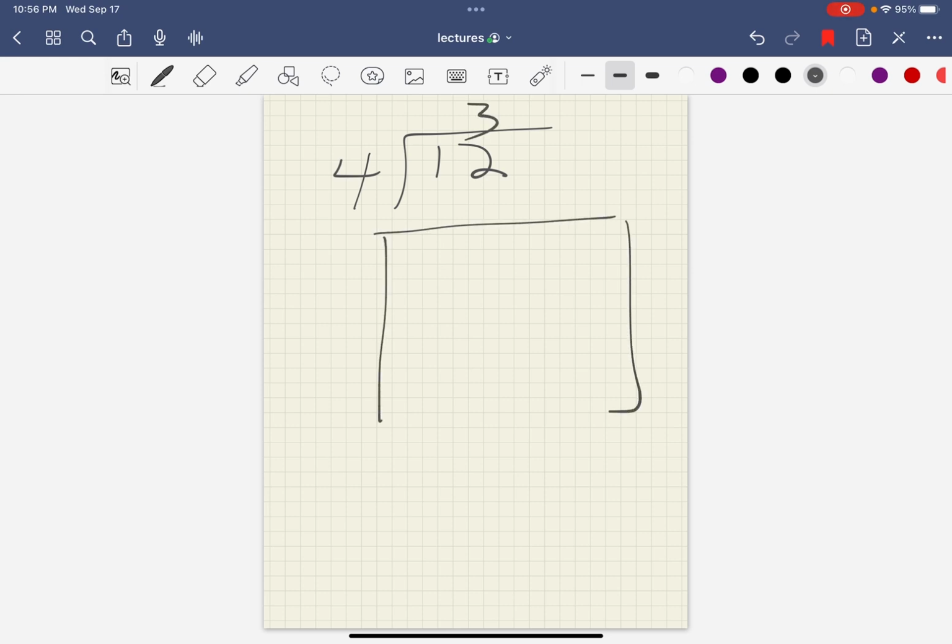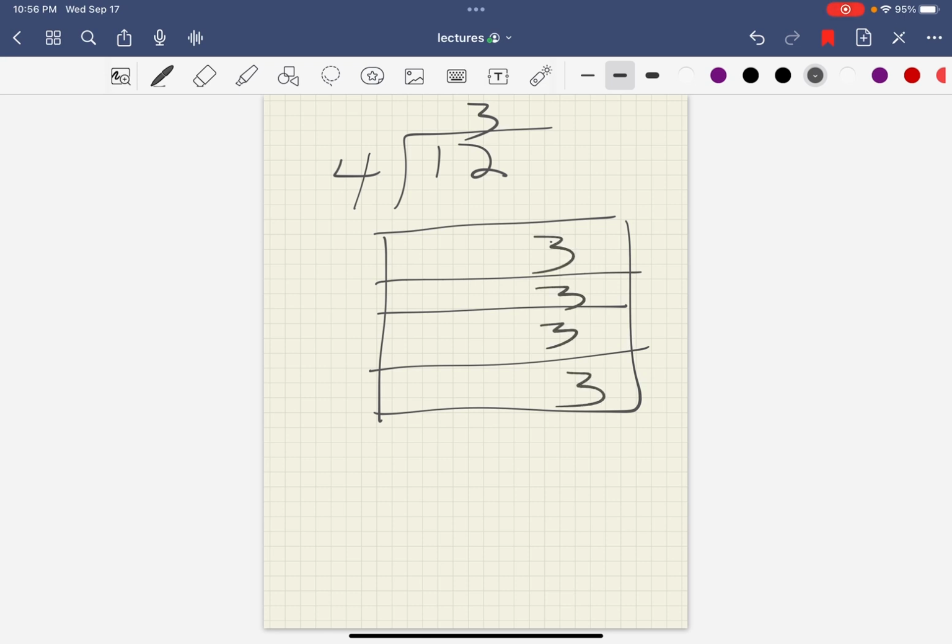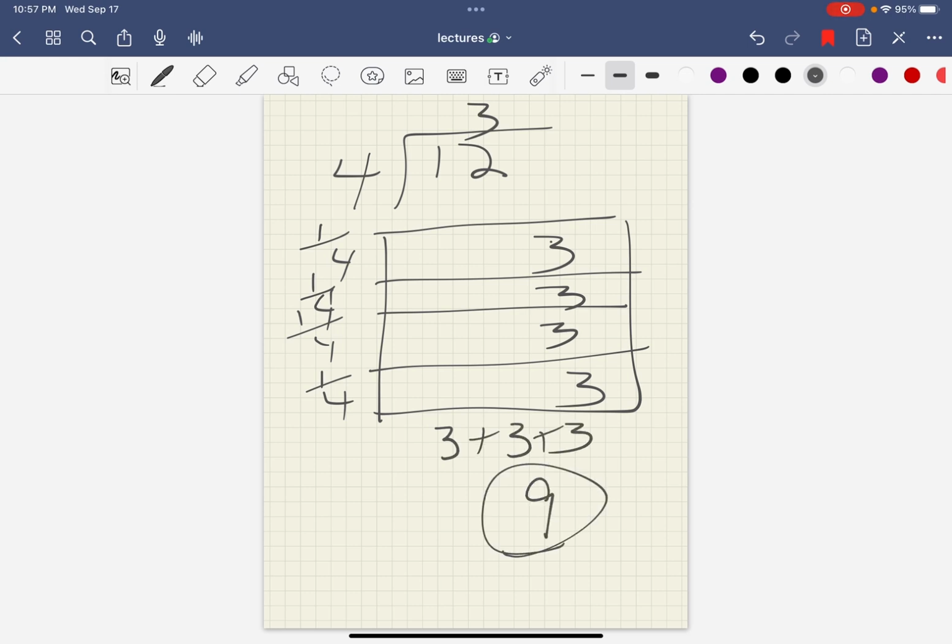So we have 4 groups, and each piece is going to be 3. And that's 1/4, 1/4, 1/4, and 1/4. And the problem is asking for 3/4 of the musicians. So that would be 3 plus 3 plus 3, which would be 9 musicians.